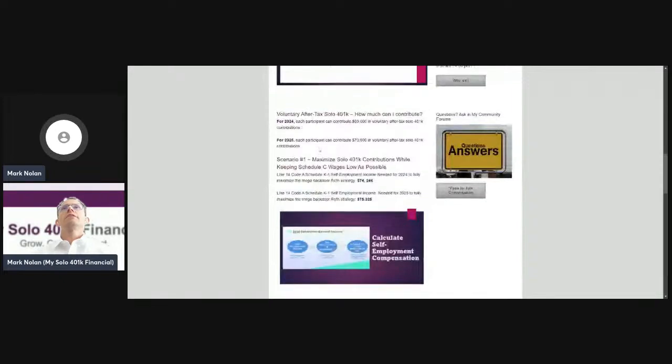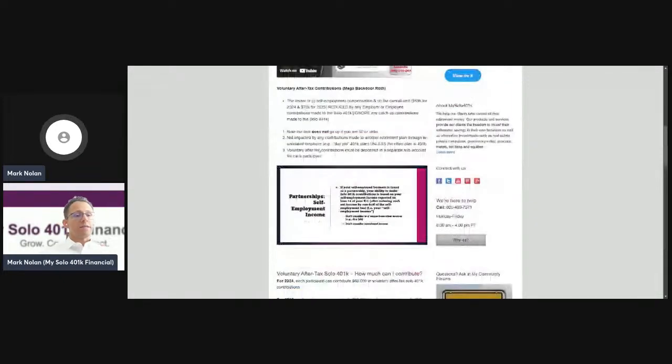Okay, another item to understand is that voluntary after-tax solo 401k contributions are not impacted by contributions that you make to another 401k. When we say another 401k, we're specifically talking about a full-time employer 401k. For instance, let's say you also work for Walmart as a full-time W-2 employee, and you contribute to that Walmart 401k.